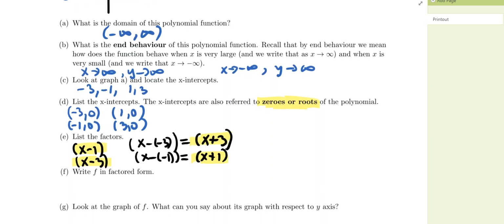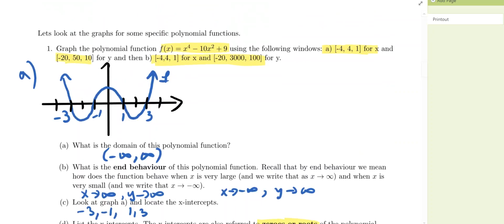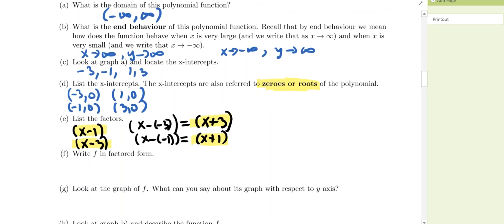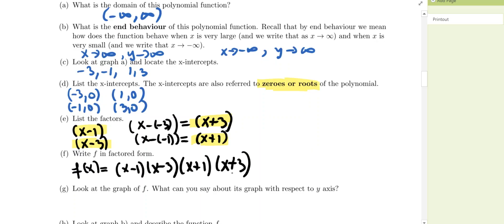To write f in factored form: f given here is written in standard form, but if we wanted to write it in factored form, we're going to take all the factors and multiply them together. So this is going to be f of x equals x minus 1 times x minus 3 times x plus 1 times x plus 3.